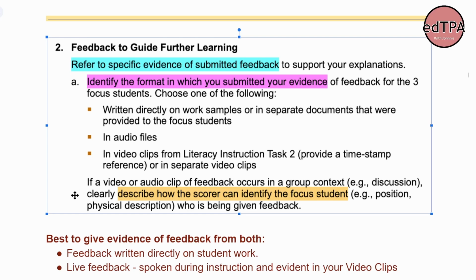And further, if a video or audio clip of feedback occurs in a group context, for a discussion example, clearly describe how the scorer can identify the focus student. So what position, physical description, who is being given the feedback.